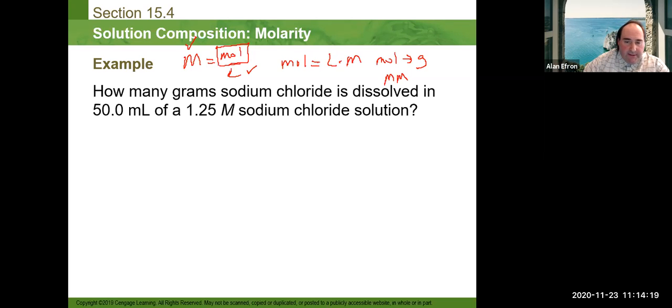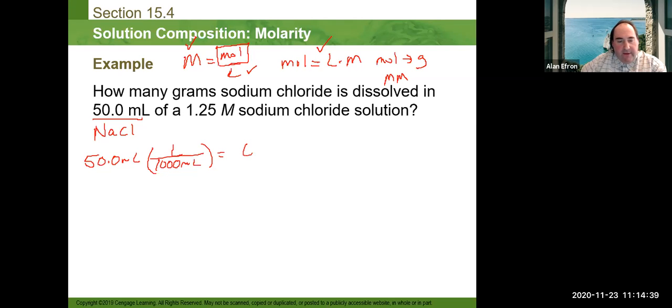So we'll start with this part right here to get to our moles of sodium chloride, obviously being NaCl. We do have to convert our volume into liters. So taking our 50 milliliters and dividing by 1,000, moving our decimal place 3 places to the left.